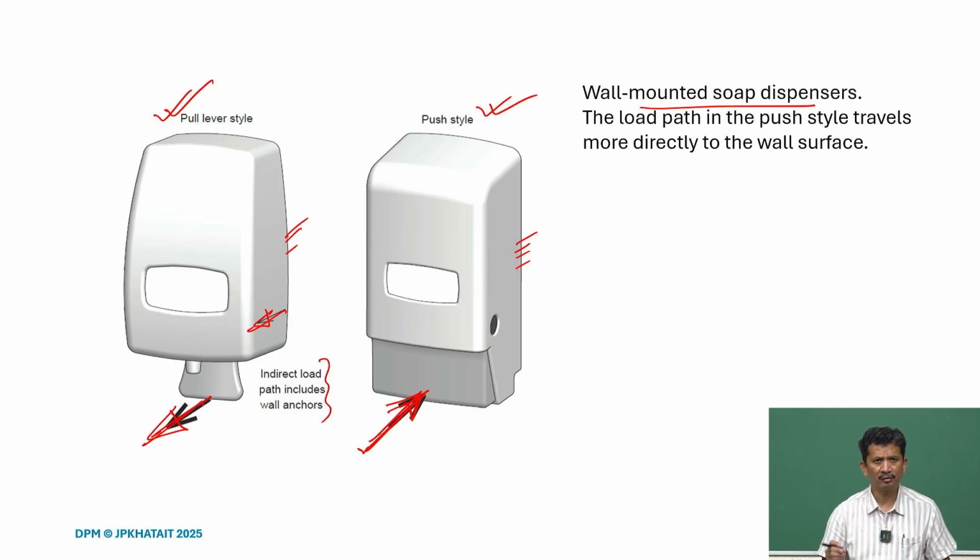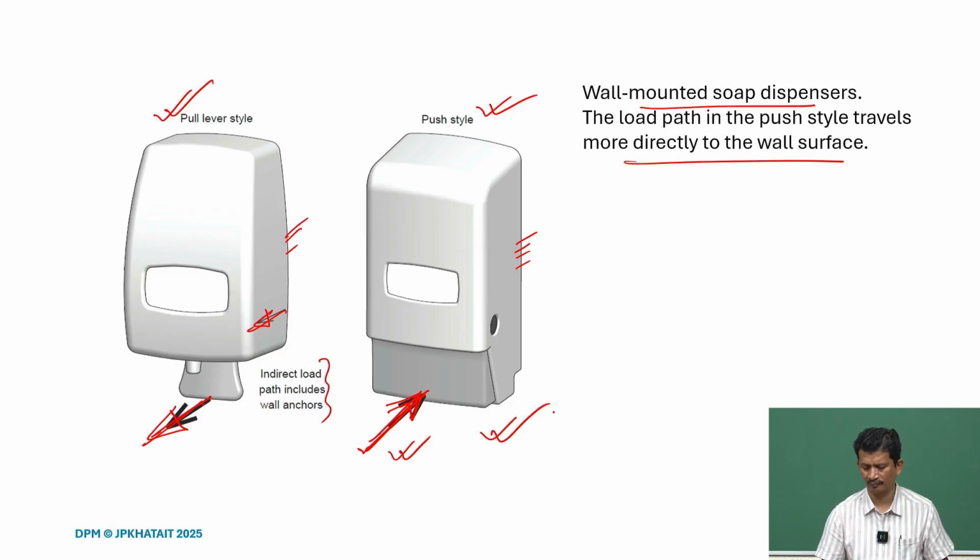The anchor has only one role, to provide the support so that it stays there, but it's not sharing any load. So, the load goes directly to the wall surface, and of course, this is the better design.